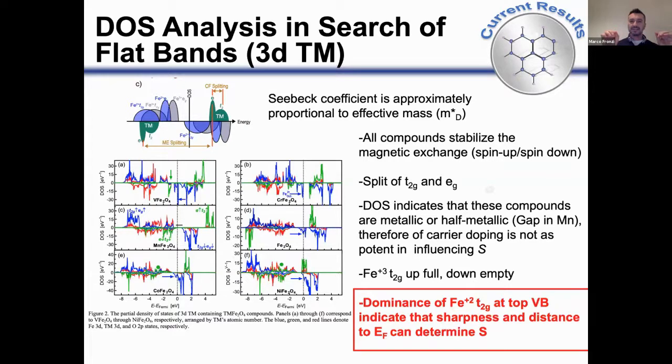Flat bands correspond in the DOS, density of states, to very sharp peaks. So we are looking for sharp peaks close to the Fermi level as an indication of a high Seebeck coefficient.